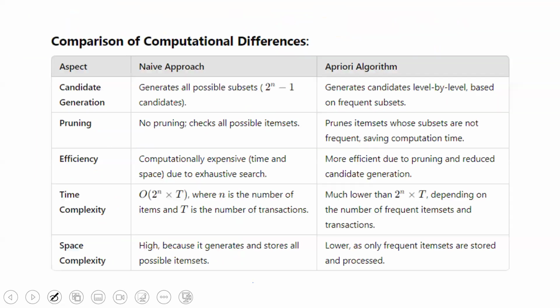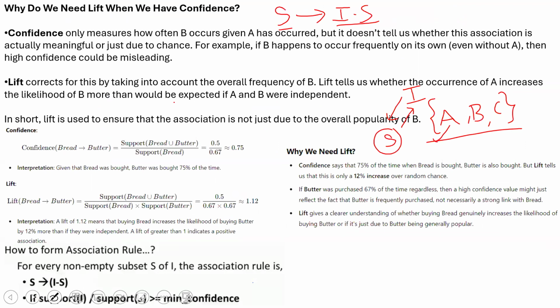So this is all about constructing association rules and how you calculate the confidence of an association rule.